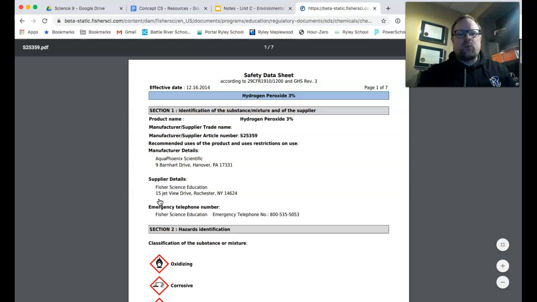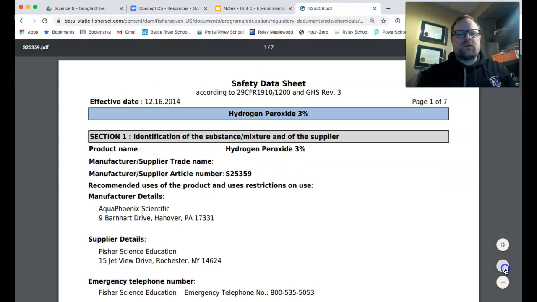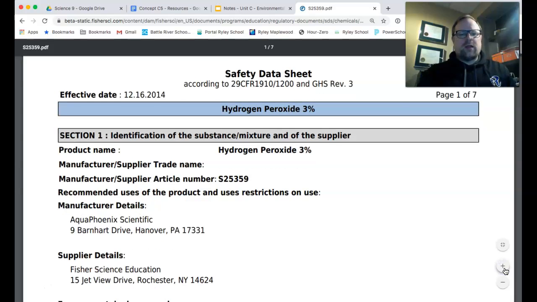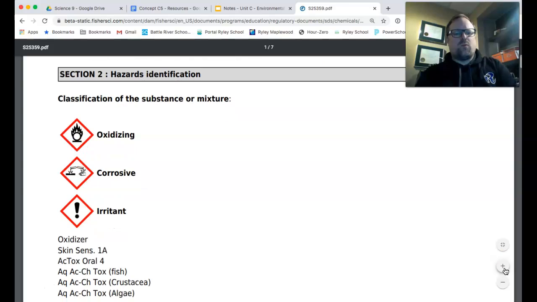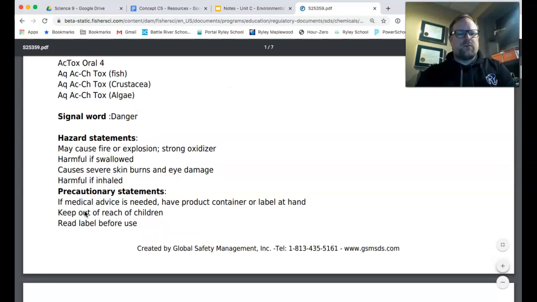So you could click on one of these and you can have a look at the material safety data sheet for it. And you can scroll your way through and it tells you things like WHMIS symbols, which you can see on here. So it's oxidizing, it can be corrosive, it is an irritant, and then some other information.